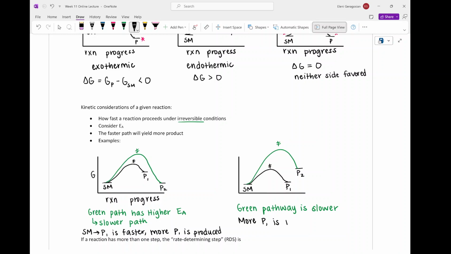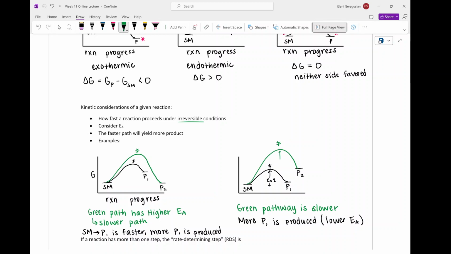So more P1 is produced because it has a lower activation energy. So lower activation energy, remember, the distance from here to here, I'll use black here, is the activation energy for reaction 1.